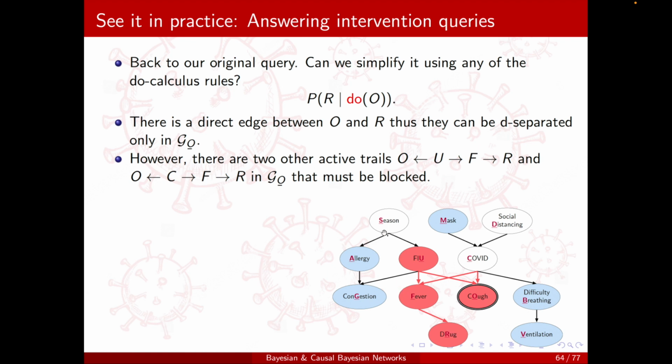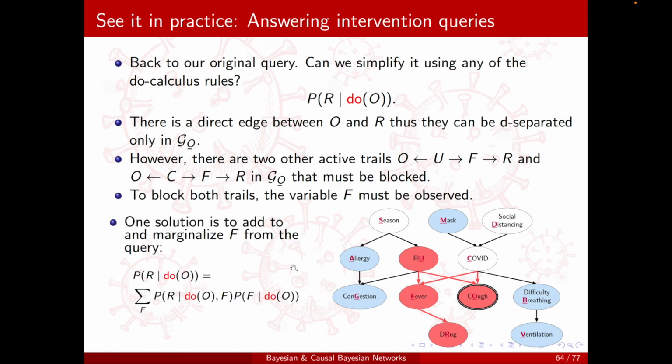If I want to use the second rule, I need to somehow make these trails inactive. How can I do that? Well, COVID is not observed, so the only way is to observe fever. So I can include fever and marginalize it into the probabilities. Like here, P of R given do of O, I include F here, and because I added it, I also need to multiply by this term. This is the part I said is not that straightforward to get to this equation.